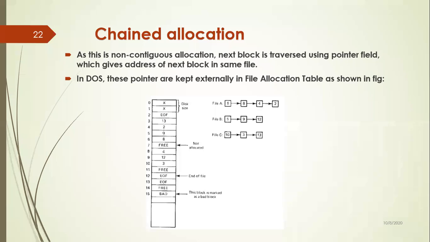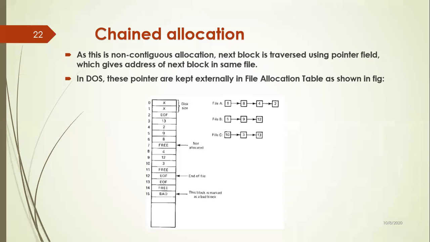If you go for file B, the first part is at the 5th location, the second part is at location number 9, and the third part is at location number 12. So location 5 will start with file B, and it is holding the address of 9 also. Then 9 is holding the address of 12 and 12 is holding the EOF.